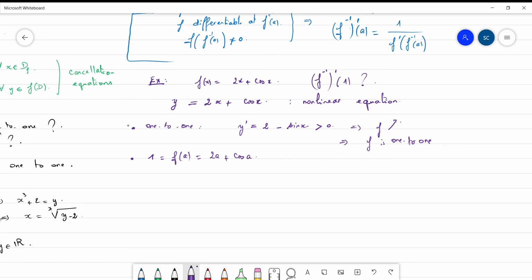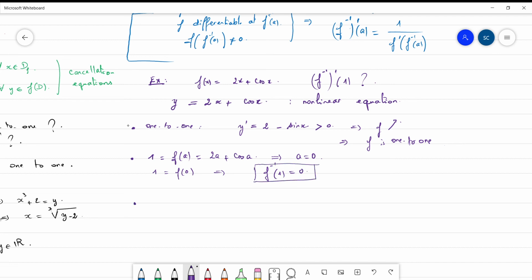So I see a is necessarily equal to 0. Cosine 0 is 1, and 2 times 0 is 0. So we have f(1) equal to f(0)... more precisely f(0) equals 1, so f minus 1 at 1 will be 0. This is the first thing we needed.